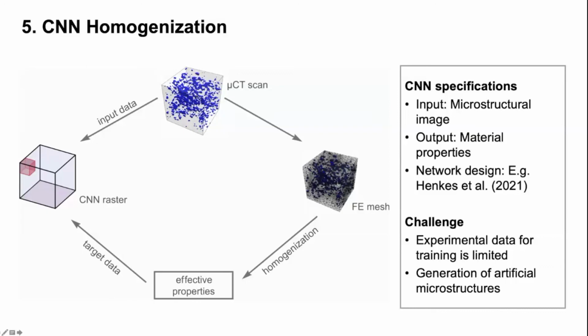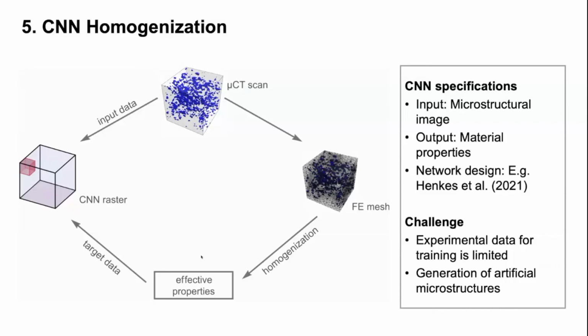This image can serve as input data to a CNN, and the effective properties as target data to a convolutional neural network. Convolutional neural networks are traditionally used for image classification tasks. So you basically put in an image and get out dog or cat, but you can also get out a number, and nothing else is going on here. We get in an image and get out an effective property number.